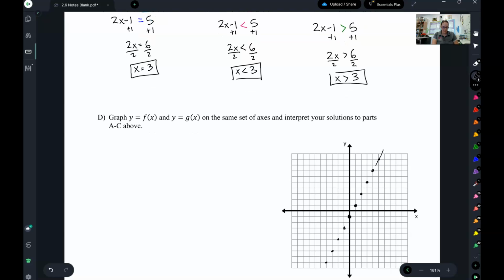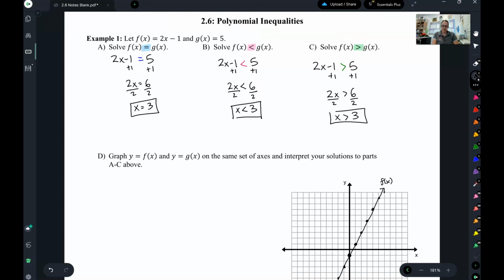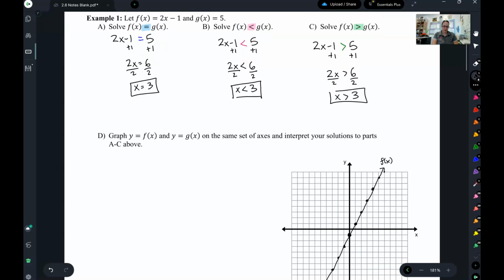I'm going to connect all those to make a nice, pretty f of x graph. G of x is g of x equals 5, so that is a flat line at 5. So flat line at 5, there's g of x.